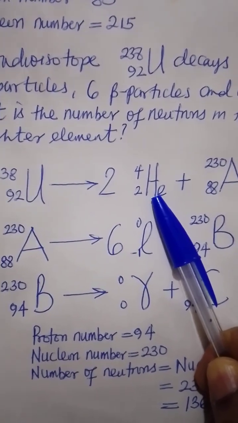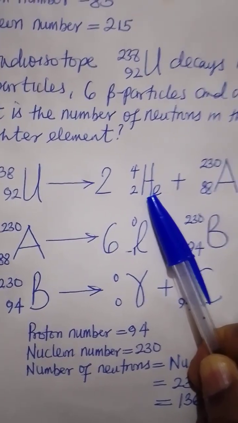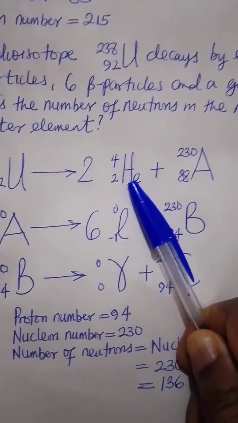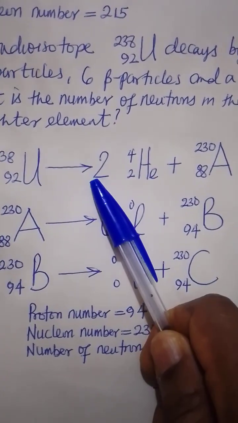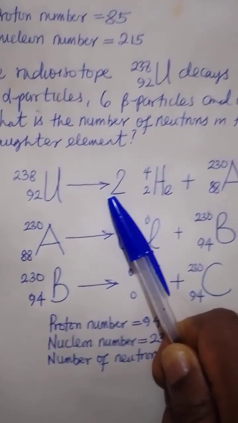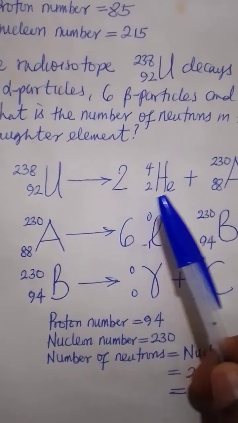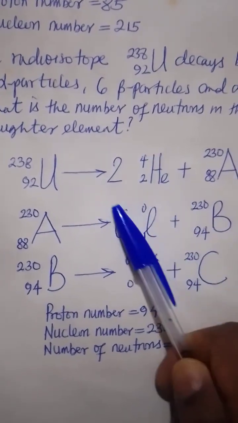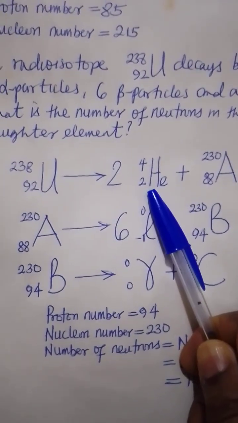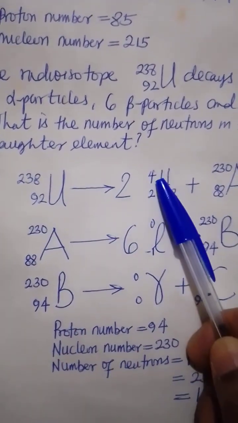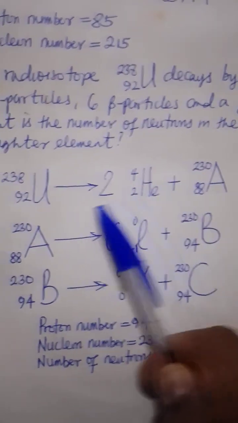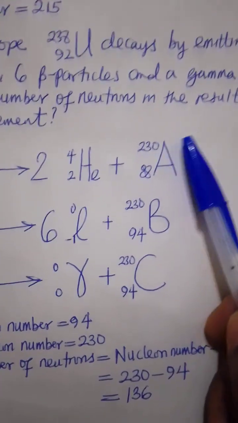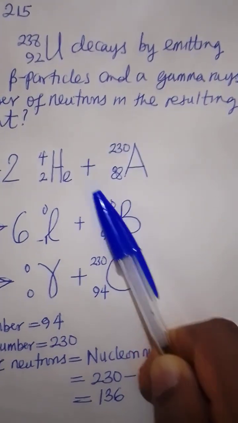Don't forget, alpha particles are helium nuclei. So we use helium to represent alpha particles, multiplying it by 2 since we are told it emits 2 alpha particles. And so 2 times 4 is 8, 2 times 2 is 4. So we have 238 minus 8, that will give us 230. 92 minus 4, that will give us 88. So this is the new daughter element.